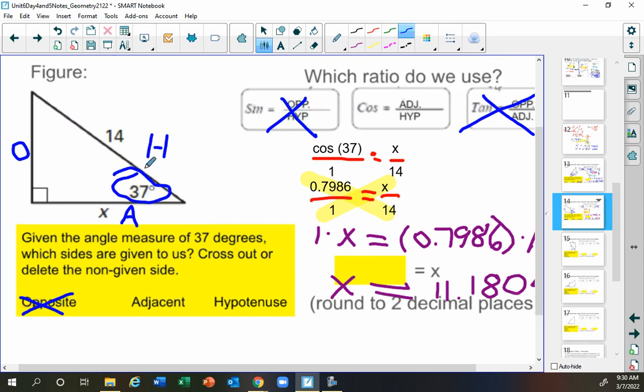But it has to be with respect to the angle. That's why I tell everybody, cross out what's not given to you, because that automatically tells you what's left. Then from there, that tells you how to fill in everything. Again, the setup is the key. Given this, setup.